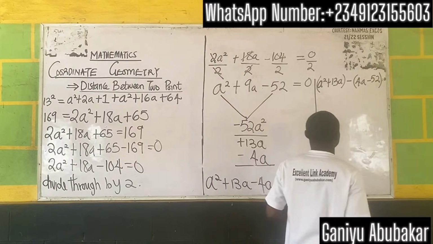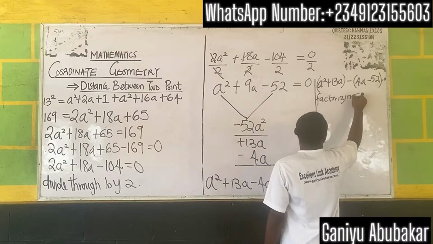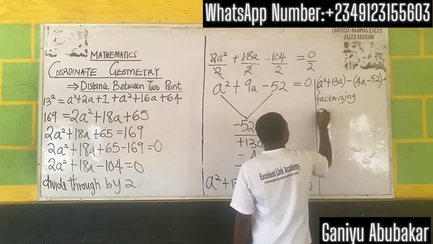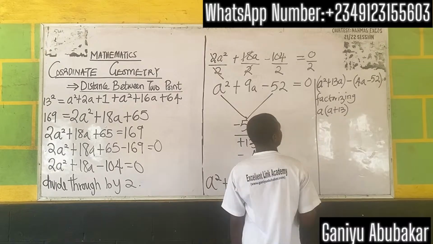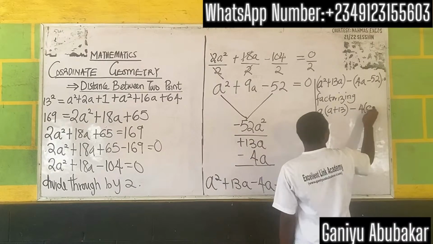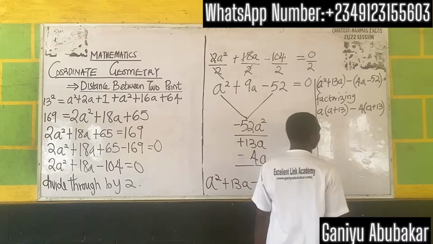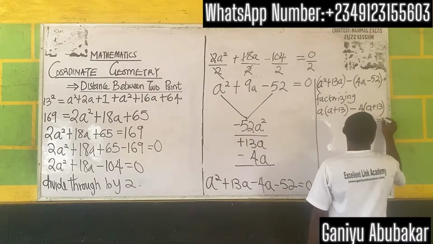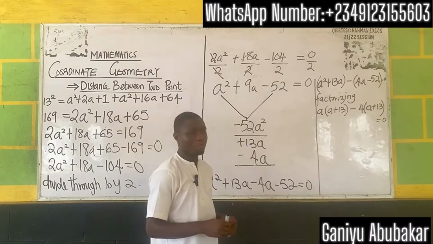Factorize here. Factorizing gives you a into a plus 13, minus 4 into a plus 13 equals 0. I expect you should be familiar with what I did here.